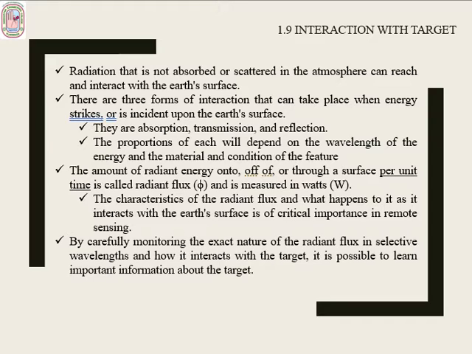The characteristics of the radiant flux and what happens to it as it interacts with the Earth's surface is of critical importance in remote sensing. By carefully monitoring the exact nature of the radiant flux in selective wavelengths and how it interacts with the target, it is possible to learn important information about the target.